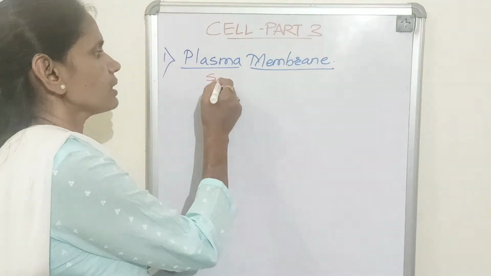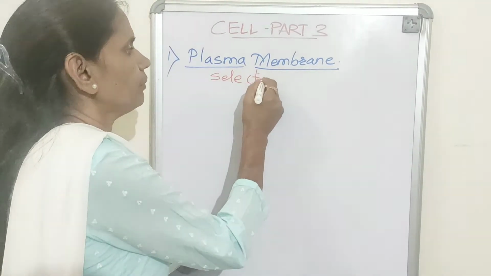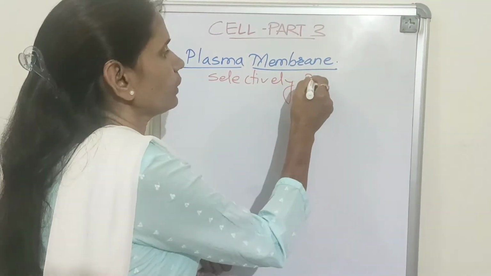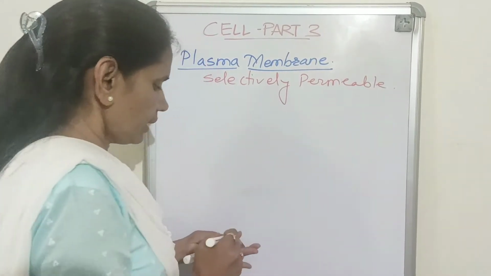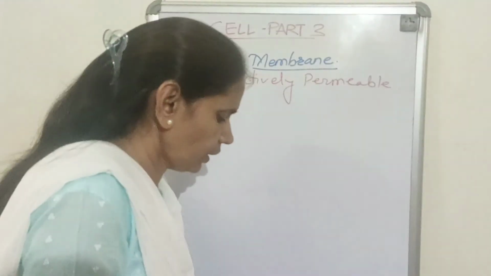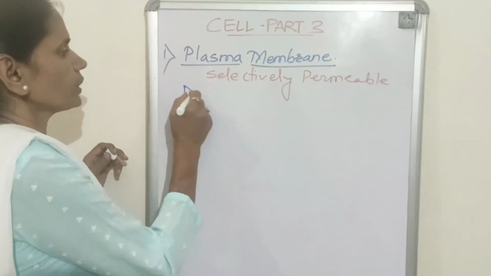Now the first activity, diffusion. The plasma membrane is a selectively permeable membrane, and it acts through one major activity, that is diffusion. Now what is diffusion?